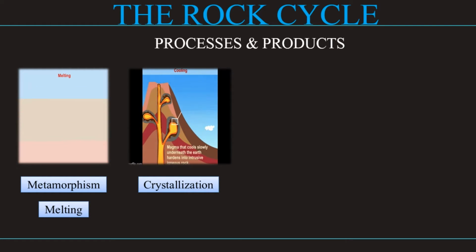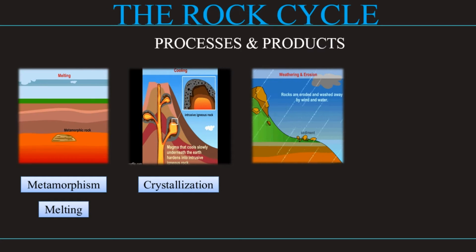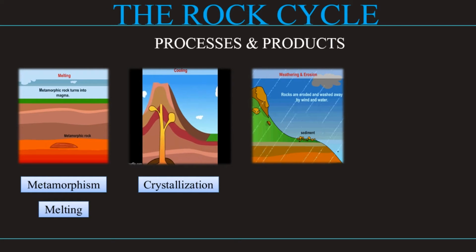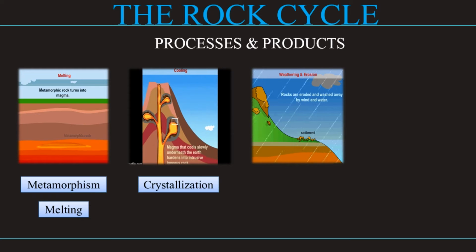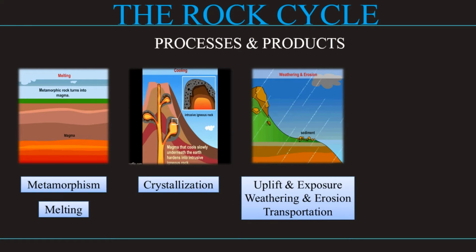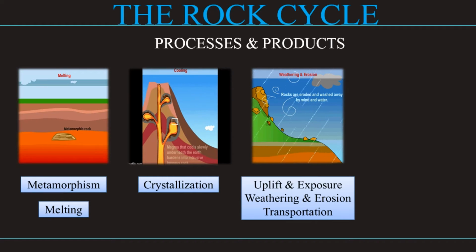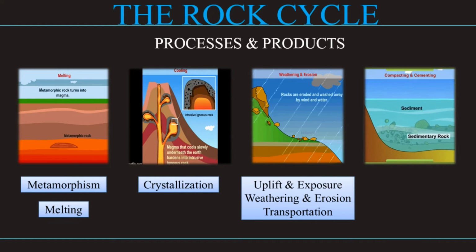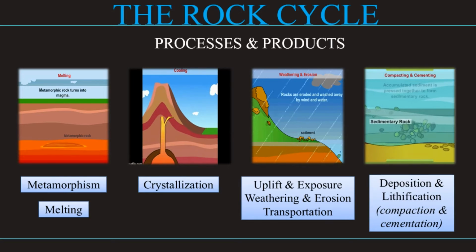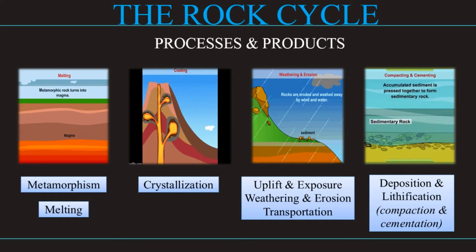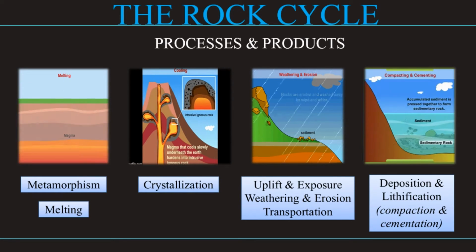Next shows weathering and erosion, wherein rocks are eroded and washed away by wind and water, producing sediments. And the last illustration shows the deposition and lithification processes, forming sedimentary rocks.